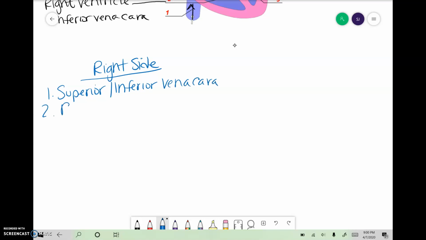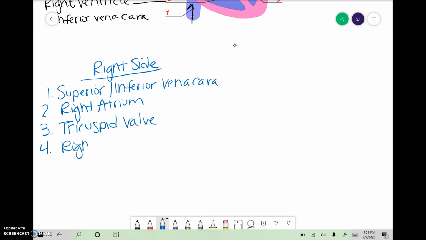Okay, then it enters the right atrium, into the tricuspid valve. Okay, through or into the right ventricle.